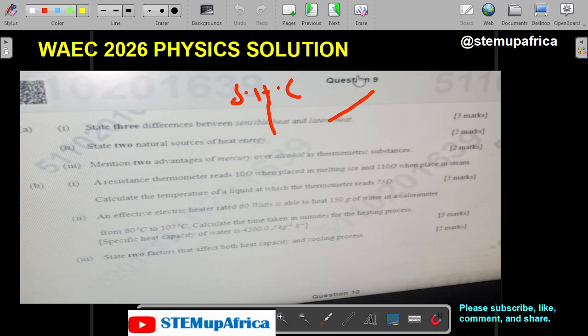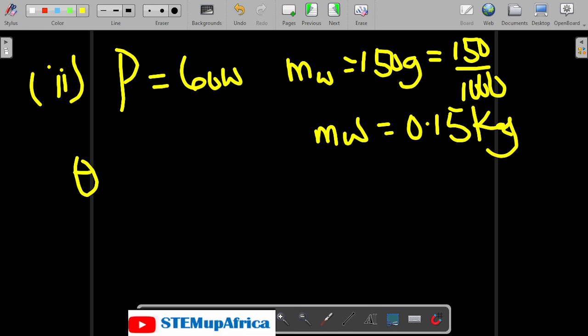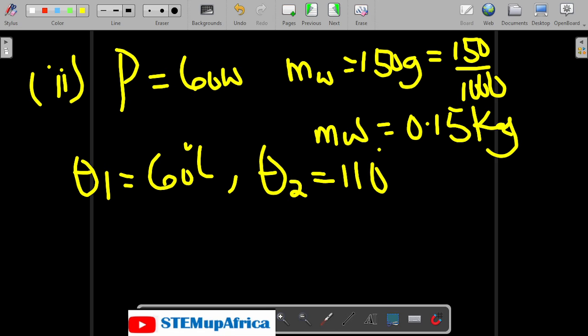It says the temperature changes from 60 degrees to 107. So theta 1 is 60 degrees Celsius, and theta 2 is 107, I believe.